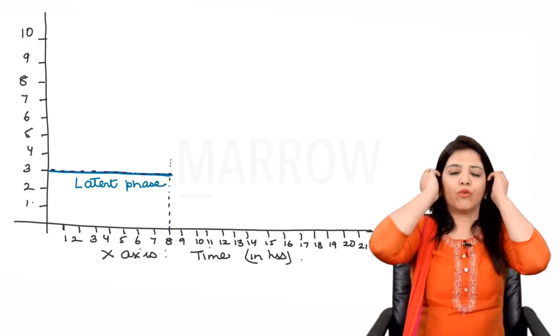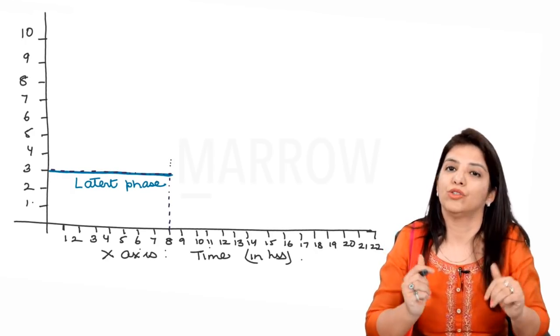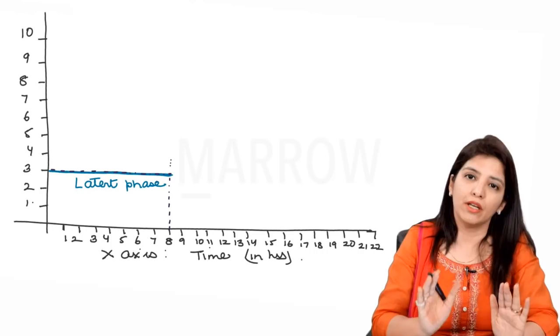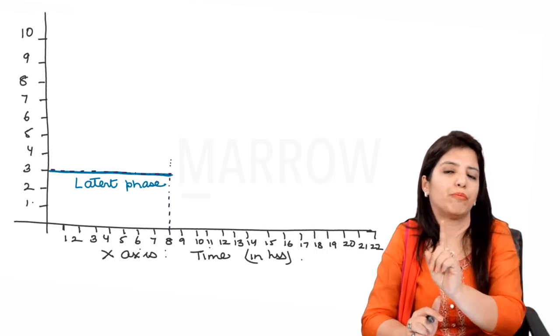right? Now, WHO said that active phase begins at 3 centimeters, right? And it also said that the minimum rate of dilatation in the active phase is 1 centimeter per hour.